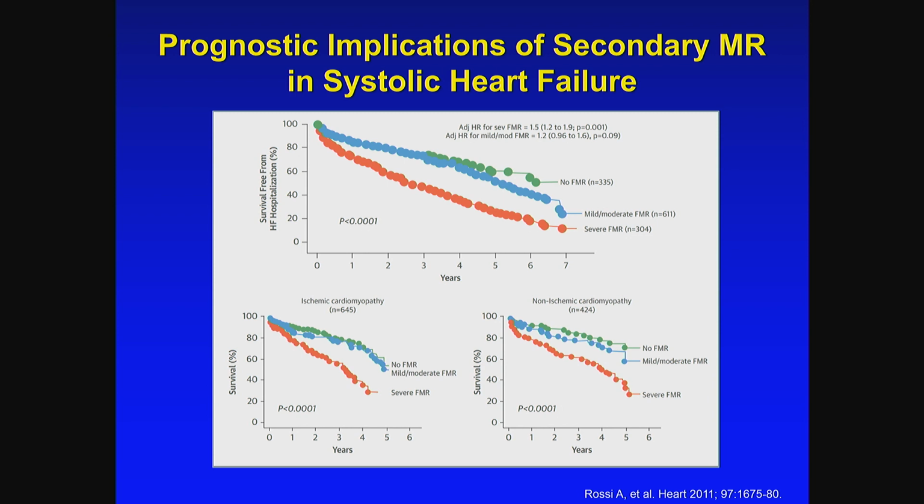And overall survival is reduced in patients with severe MR whether there is an ischemic or non-ischemic cardiomyopathy. Severe functional or secondary mitral regurgitation is a marker of high mortality in patients with cardiomyopathy.